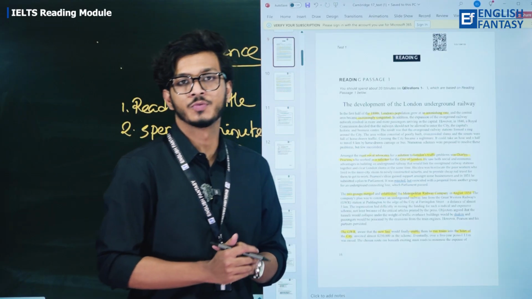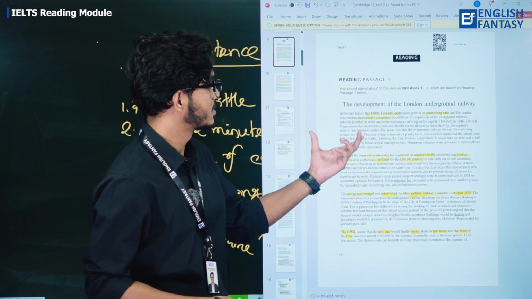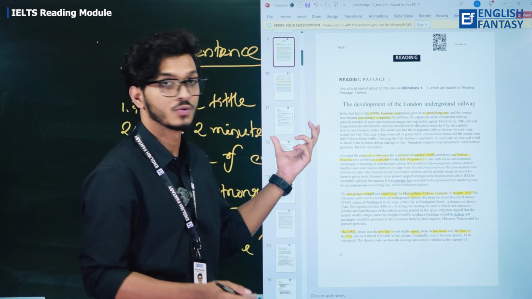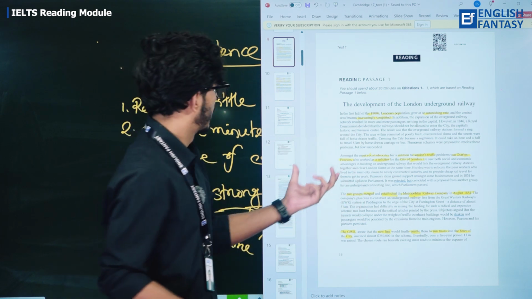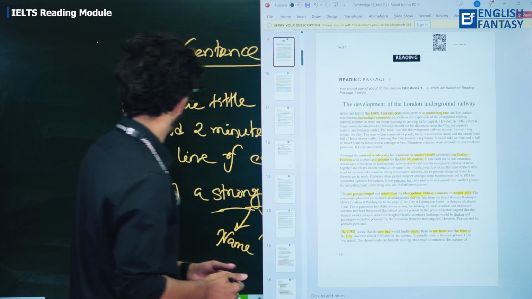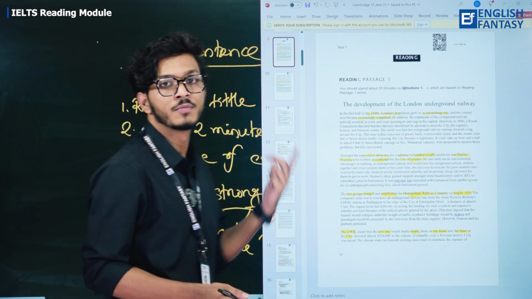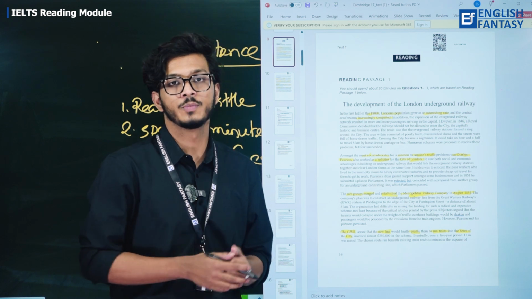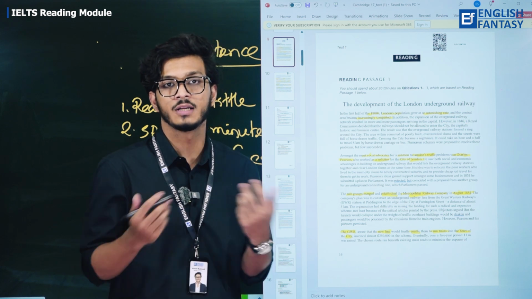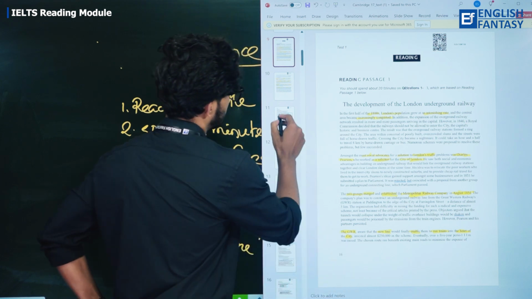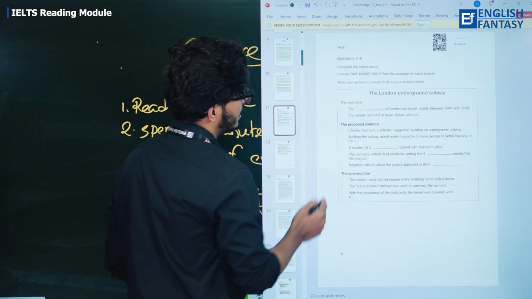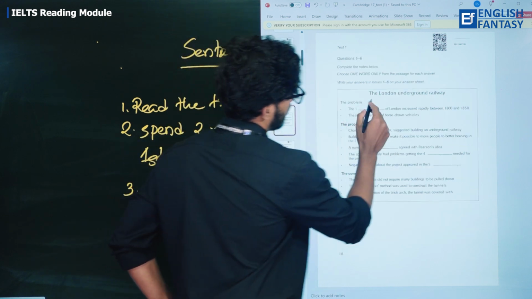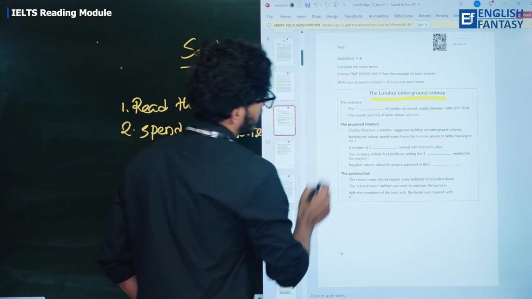We spent our 2 minutes highlighting the first line of each para, and we already read it. Now we have to find a strong keyword from the summary. As I said before, a strong keyword should be a location, year, or any numbers. Here is the summary: London Underground Railway.